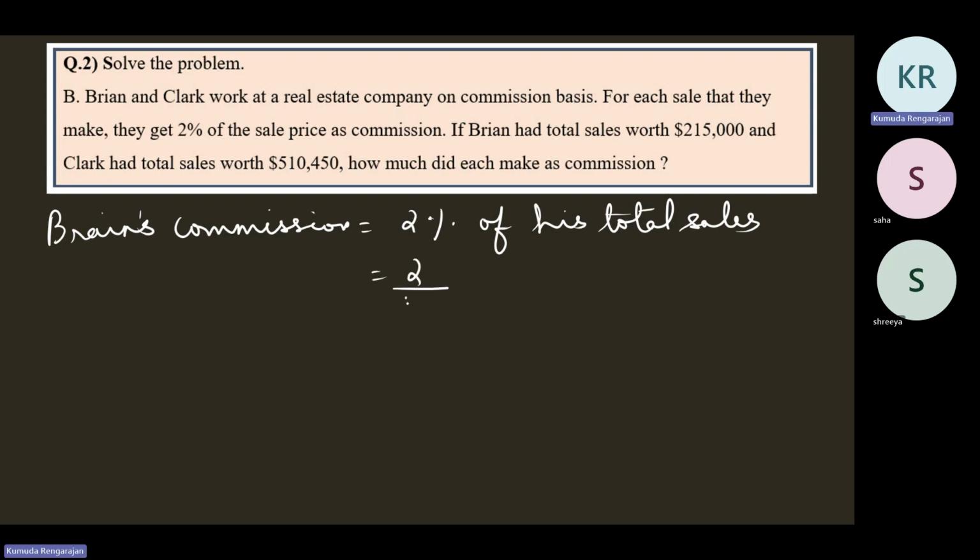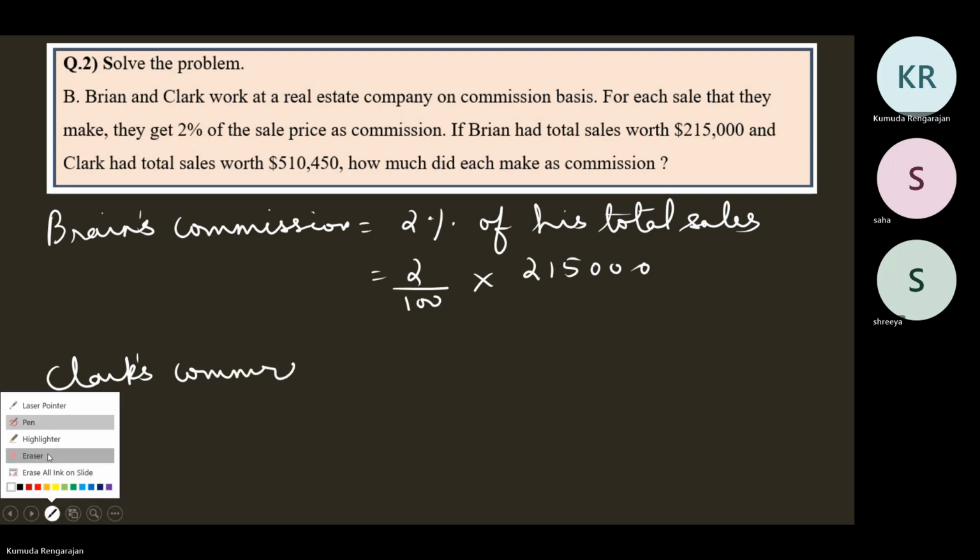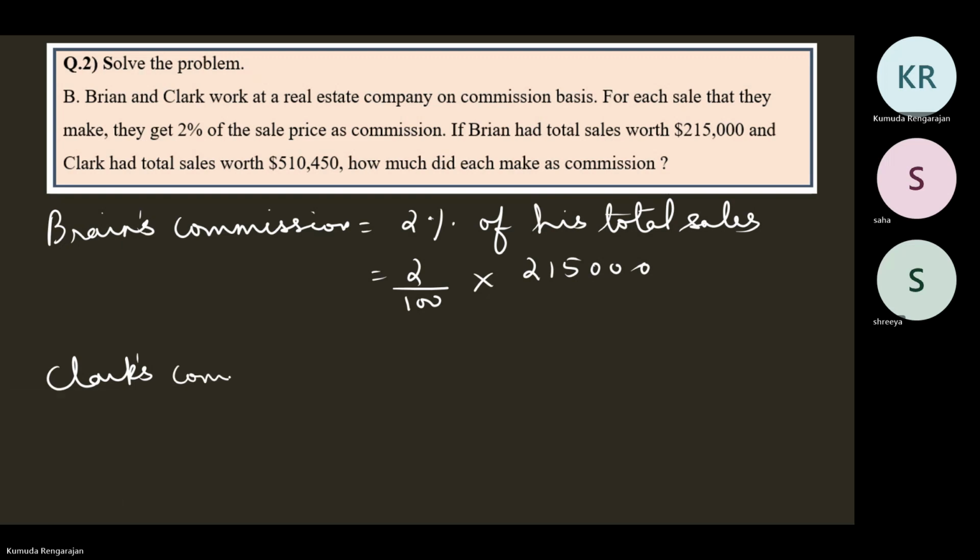So 2% means 2 by 100, of means into, and his total sales 215,000. Clark's commission, 2% of his total sales.